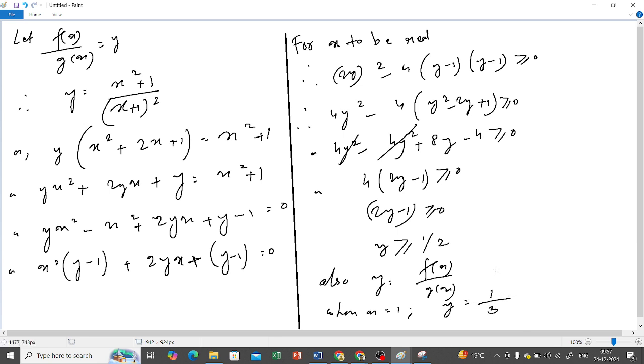So we have two values of y. From here the minimum value of y is half, and from here the value of y is 1/3. So which one is the most minimum? 1/3.